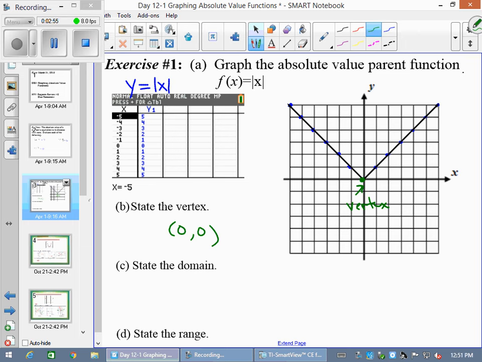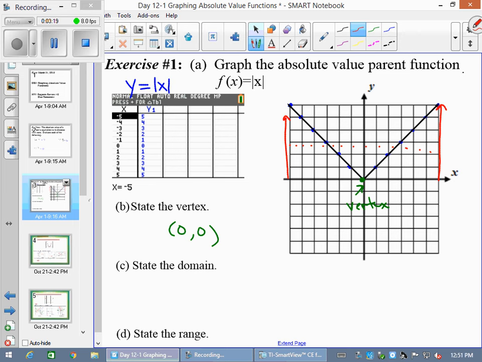I want to state the domain. Domain means the x values that are graphed. So when you look for the domain, you have to look at the graph from left to right. So I'm going to start looking at my graph at the most left point, which is right here, and then I'm going to bring my eyes this way, all the way over to my right point. In both cases, I see an arrow on the left and a continuous graph, and then an arrow on the right.